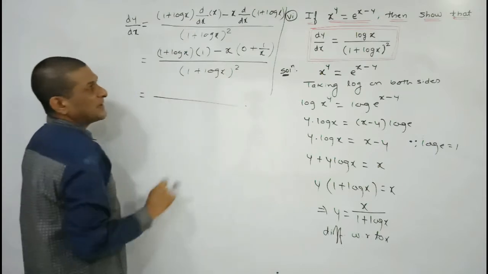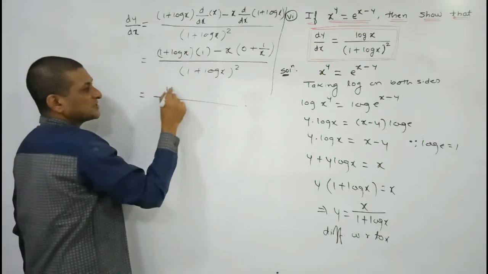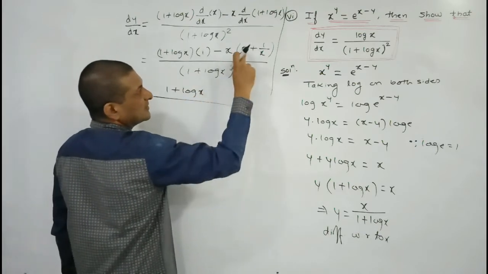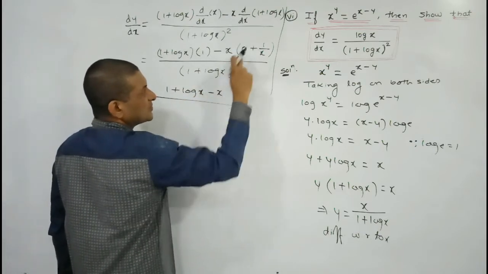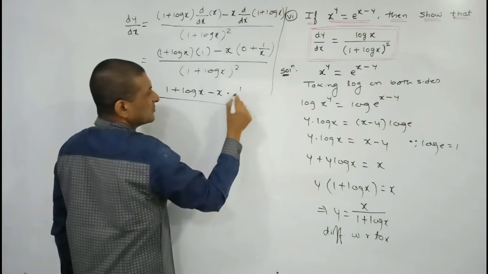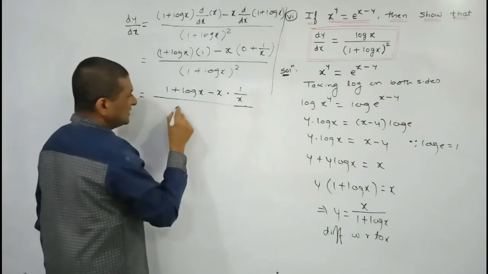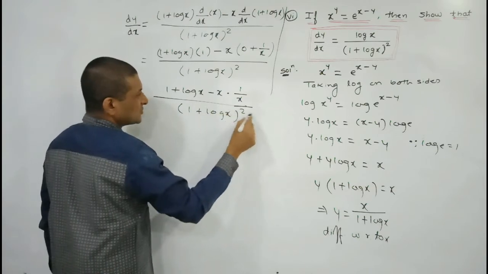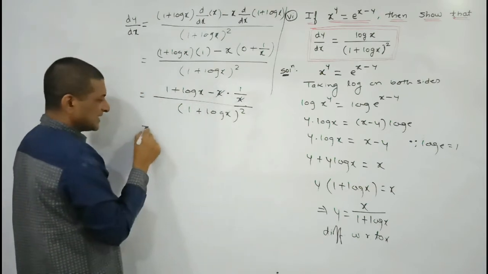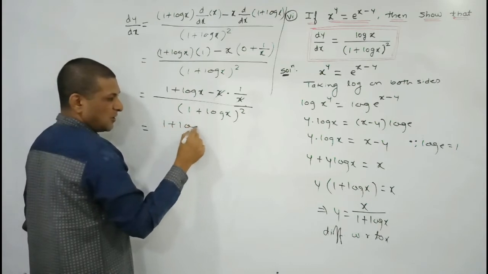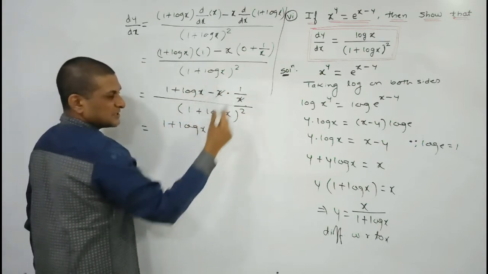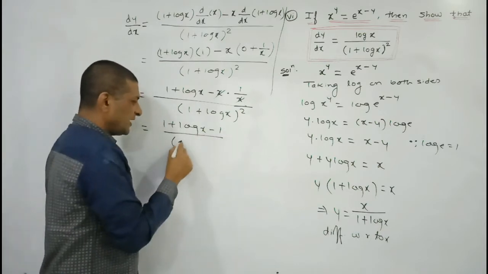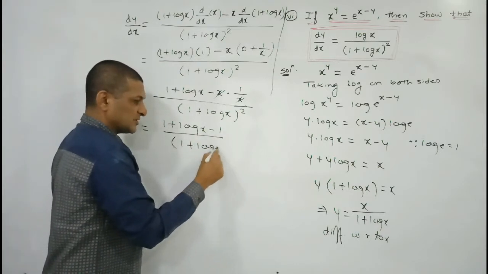Now let us simplify the numerator. 1 into 1 plus log x is 1 plus log x, and here it is not necessary to write 0. 0 plus 1 by x will be equal to 1 by x. In the denominator 1 plus log x whole bracket square, as it is. Here x and x will get cancelled. So 1 plus log x, and the remaining term is minus 1, isn't it? And in the denominator the square of 1 plus log x as it is.